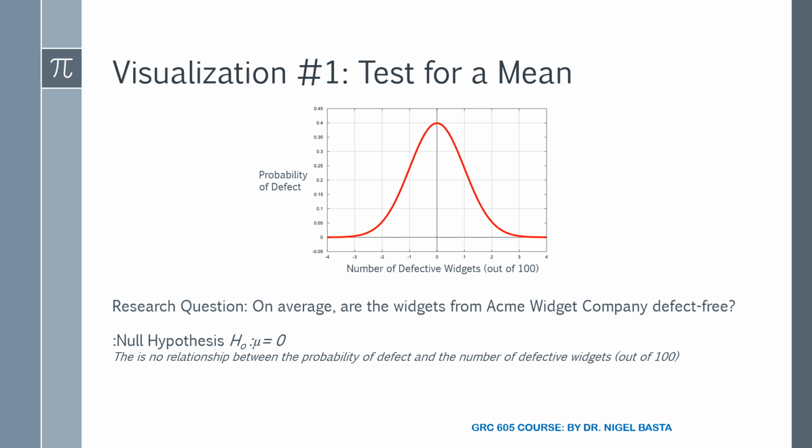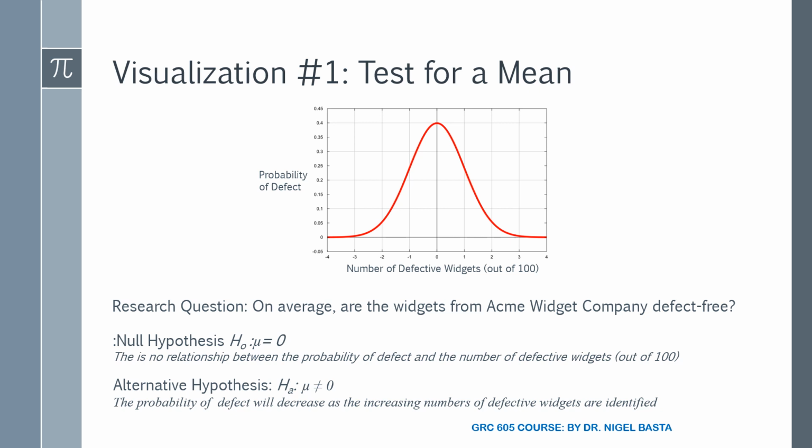An alternative hypothesis, however, will predict a correlation between both variables and will therefore reject the null hypothesis. To represent both hypotheses, we simply state for the null hypothesis that the mean is equal to 0, and for the alternative hypothesis, the mean is not equal to 0.